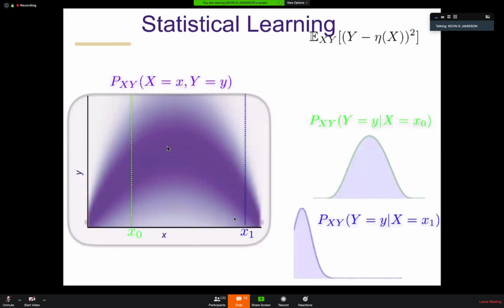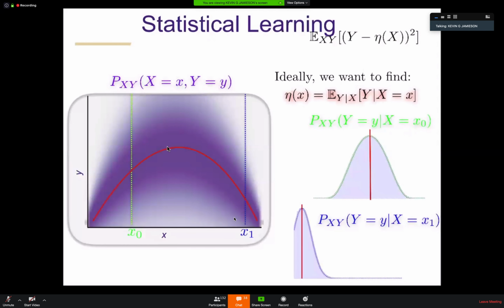If we take any slice at a particular value of x, there's some distribution over the y's, and eta of x is the expected value of y given that particular x. If your data is Gaussian, this happens to be where the mode is at the top value, but that's not necessarily true. It could be really anywhere. It's just the expected value of y given a particular value of x, and this is the best thing you could do in hindsight.